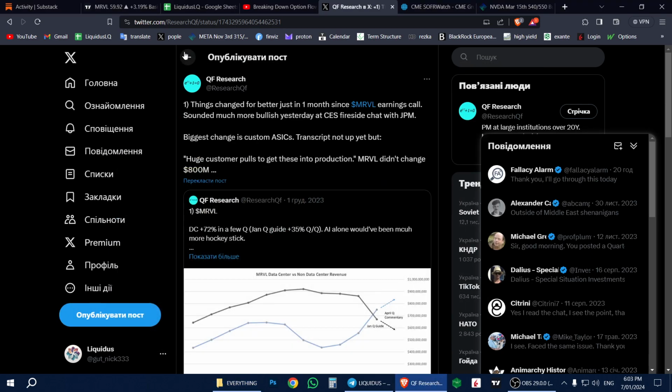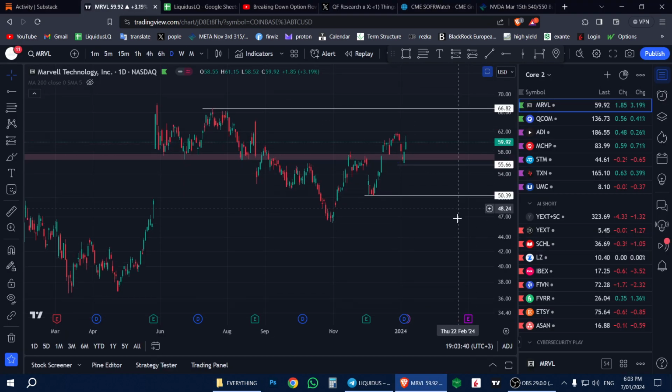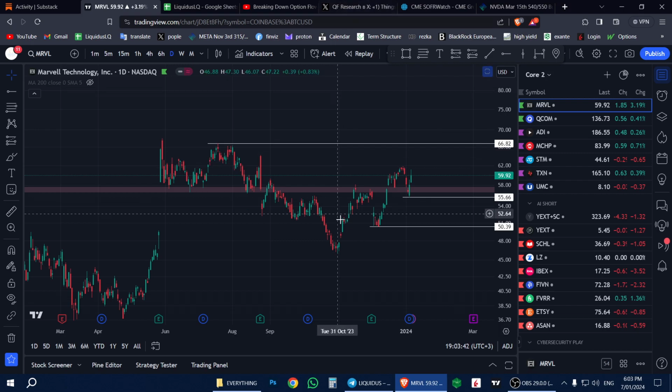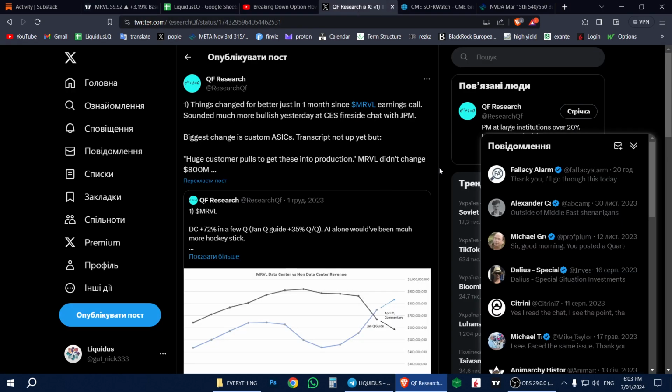And once again, everything supports that conclusion, and this was the earnings report, the previous earnings report on the 30th of November. Now, there was a JP Morgan conference, and Marvell was there. This QF research provides very great insights. They are seeing very promising signs of a cyclical pickup in the business right now.